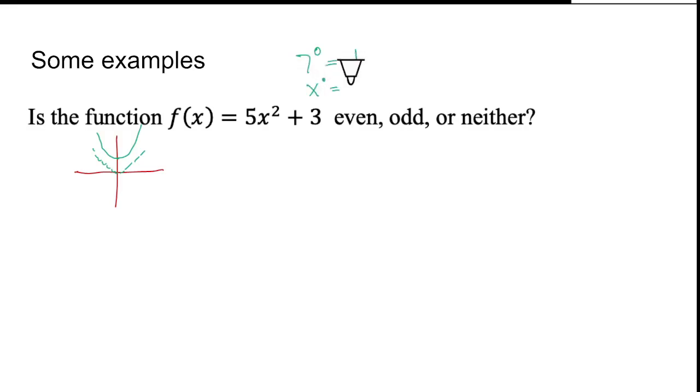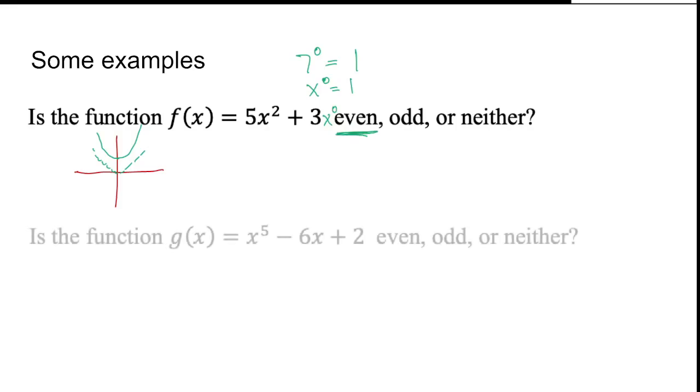X to the 0 power is equal to 1 in every case except if x were 0. 0 to the 0 is the one case we don't talk about because it has problems. But let's not let one little problem spoil us, okay? So we can think of this as 3x to the 0 power. Now all the exponents are even, so we're good with that. We're happy with that. This is even.